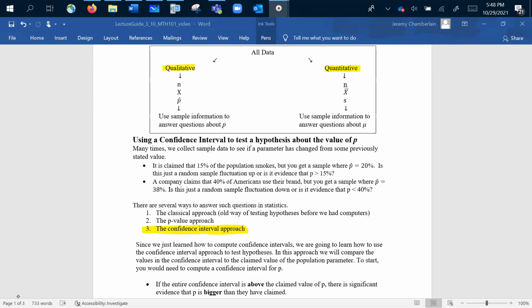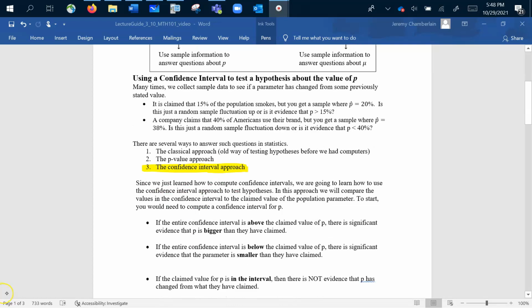Then we compare the claimed value for the population proportion p to our confidence interval for p. To begin with, you've got to compute a confidence interval for p, and that was covered in section 3.9, where we had the 5-step process and the word PANIC to help us out.